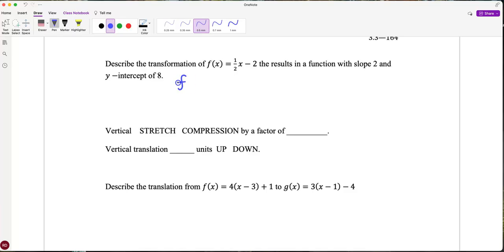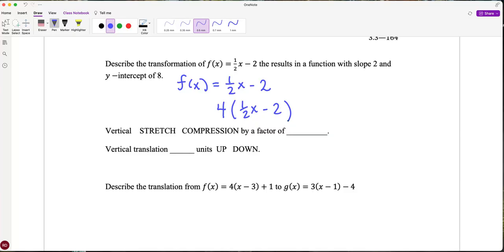So f of x is 1/2 x minus 2. Now what am I going to have to multiply to get a slope of 2? Okay, so I'm going to have to multiply by 4 in order to get a slope of 2.